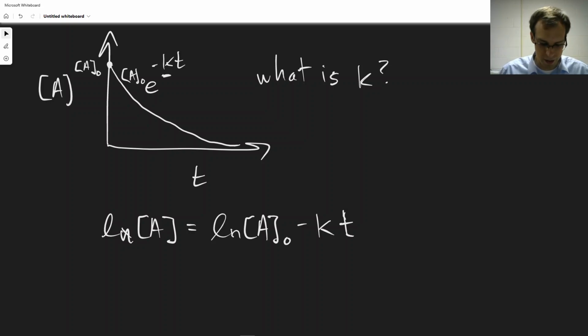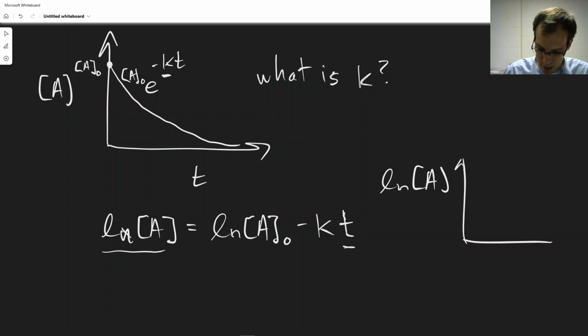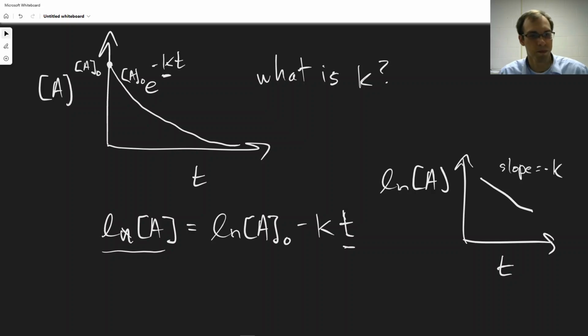If you plot ln A versus t, you will get a straight line with a slope of negative k. So that's another way to determine k: either you directly fit the exponential, or you can transform it into a natural log versus time, get a line, and fit that line instead. Whichever works easier for you.